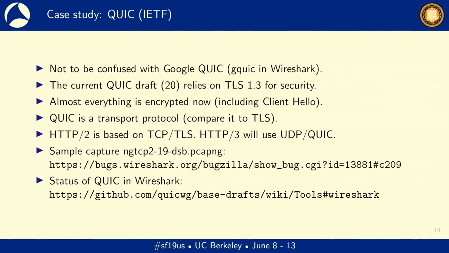So while HTTP2 is based on TCP and TLS, QUIC will be based on UDP. One of the advantages of that is to avoid the head-of-line blocking problem. HTTP2 and QUIC both have the concept of multiple streams inside a single connection. But with TCP, if you lose just one packet, then all streams will be blocked.